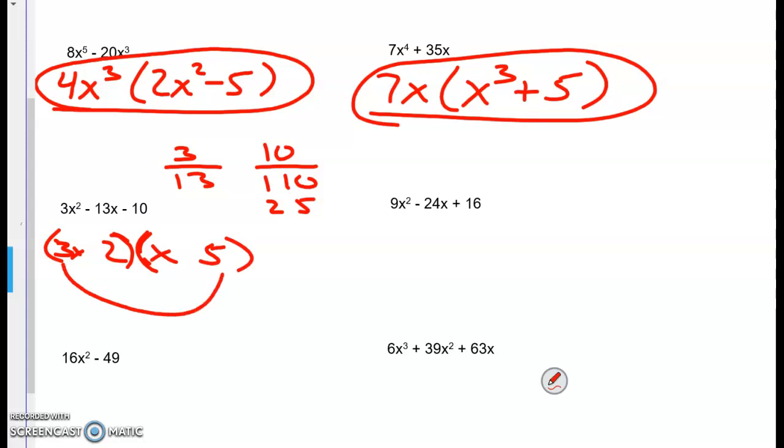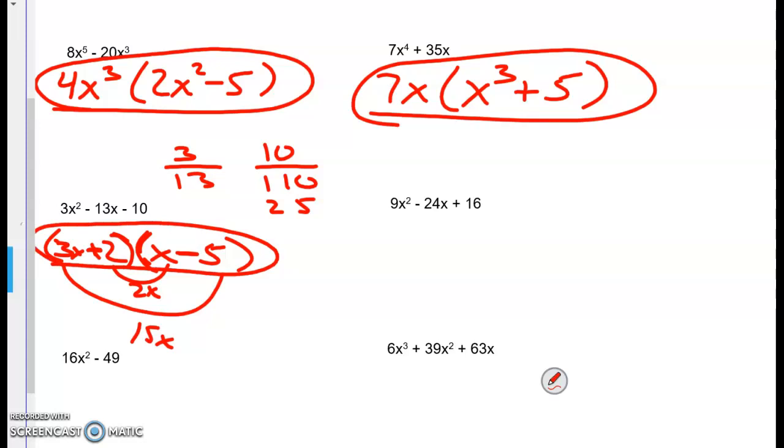Now I have 3x times 5 is 15x, and 2 times x is 2x. Is there a way to make 15x and 2x negative 13? Absolutely. If I make the 15 negative by putting a minus sign here, and the 2 positive by putting a plus sign here, that's my answer: 3x plus 2 times x minus 5. And that's it.